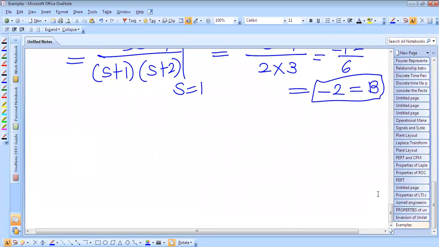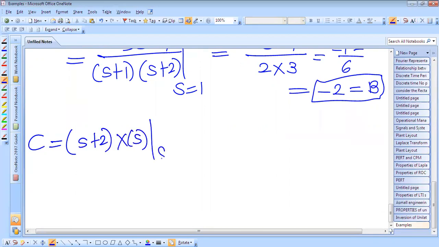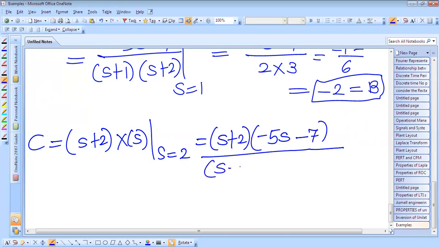Now we have to find the value of C. And therefore C is equal to, the coefficient corresponding to term C, it is (s plus 2) X(s) at s is equal to minus 2. Minus 5s minus 7 divided by (s plus 1)(s minus 1) and (s plus 2) at s is equal to 2.